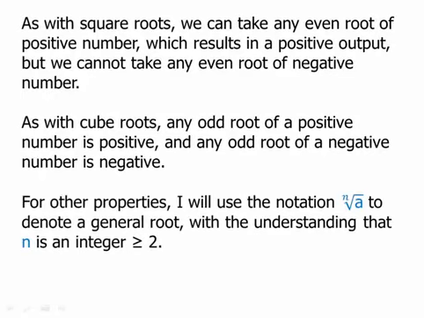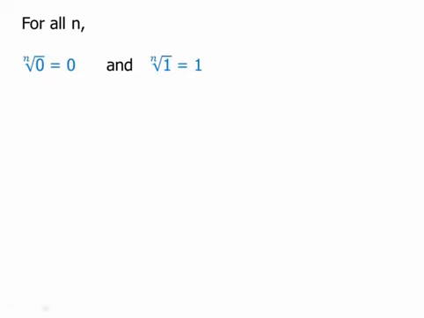For other properties, I will use the notation with an n before the radical sign, so the nth root of a. Here I'm talking about a general root, and of course it's understood that n is an integer greater than or equal to 2. For all roots, we can take the nth root of 0 and it equals 0, and the nth root of 1 equals 1.